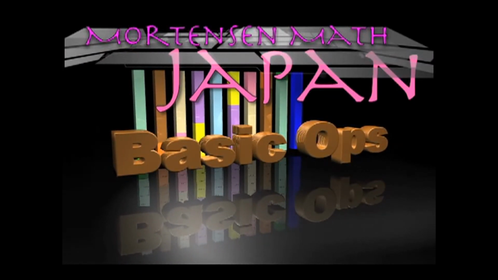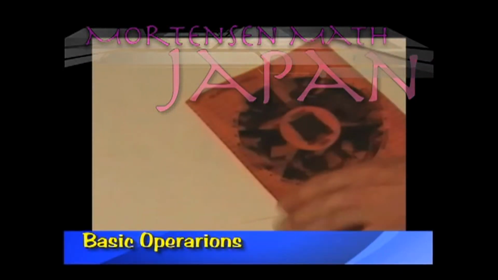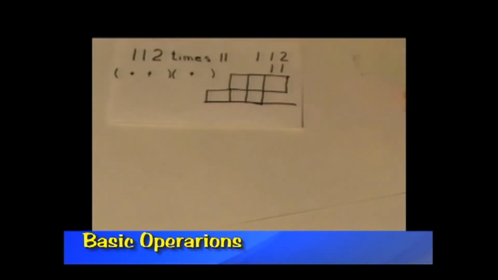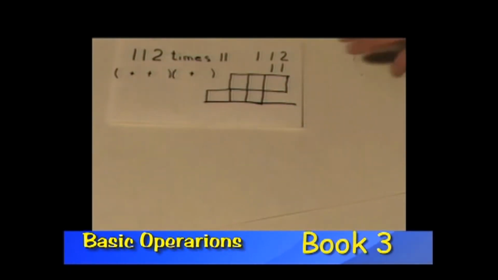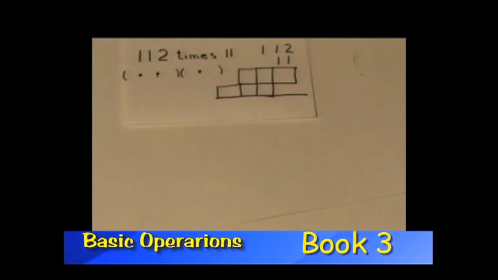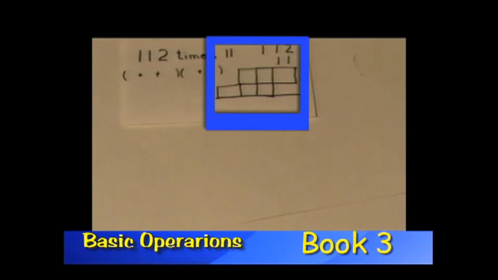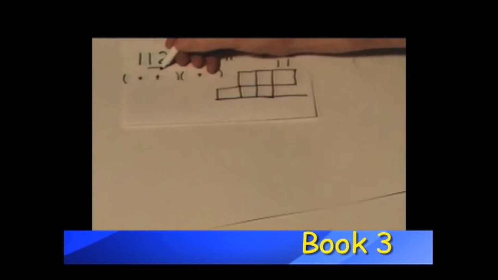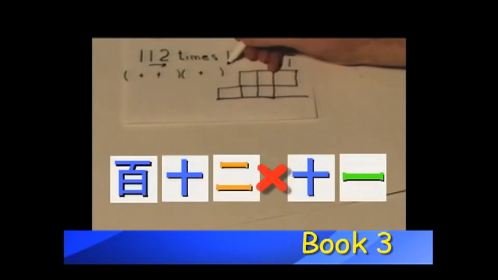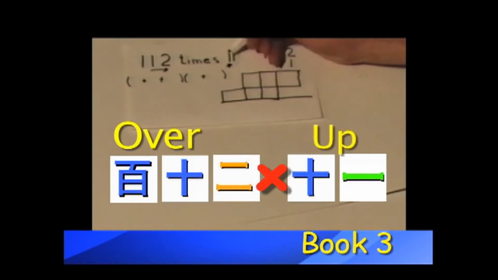Book 3. We'll do a problem from Book 3. We have the first name of our rectangle, the factor's name of our rectangle. We have the distance over, 112, and we have the distance up, 11.